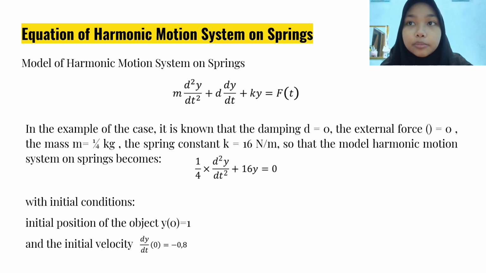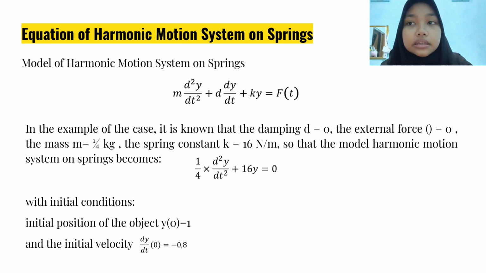The model of the harmonic motion system on springs is m times d squared y over dt squared plus d times dy over dt plus k y equals f(t). In this case, it is known that the damping d equals 0 and the external force f(t) equals 0.